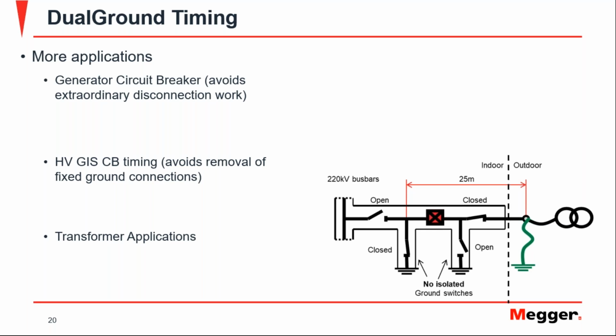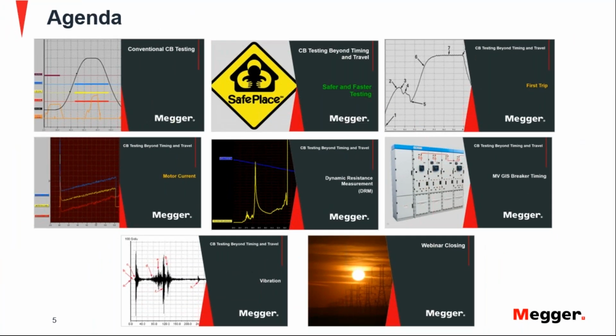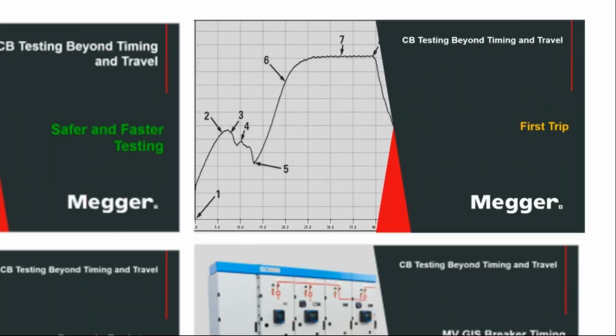So you can kind of not worry about the breaker being grounded with this technique. Okay, that is in regards to safer and faster testing. So really, we are doing the same conventional timing and travel test, but you are just doing it a different way to improve the safety and the efficiency of the test.